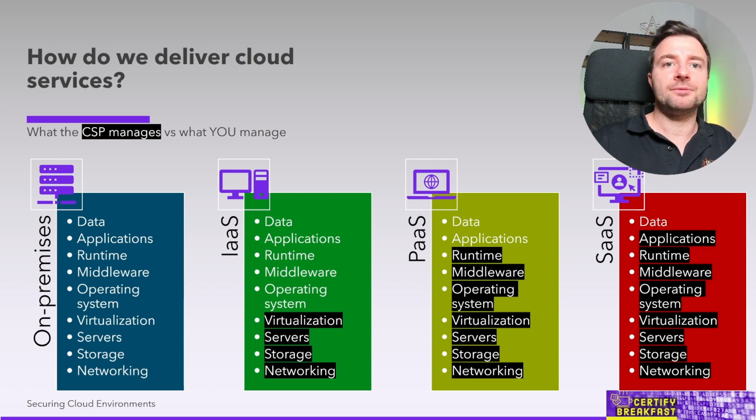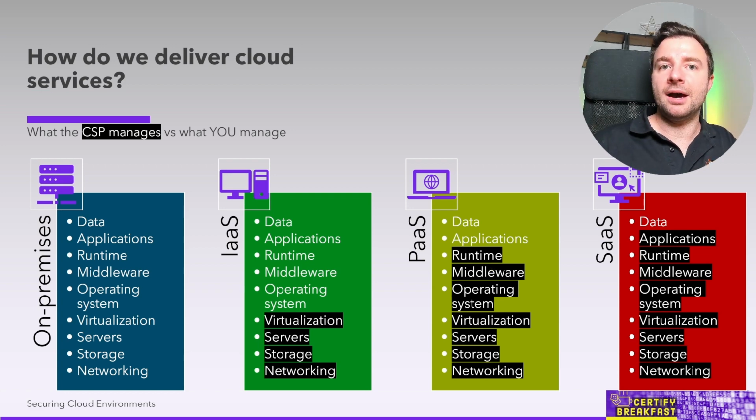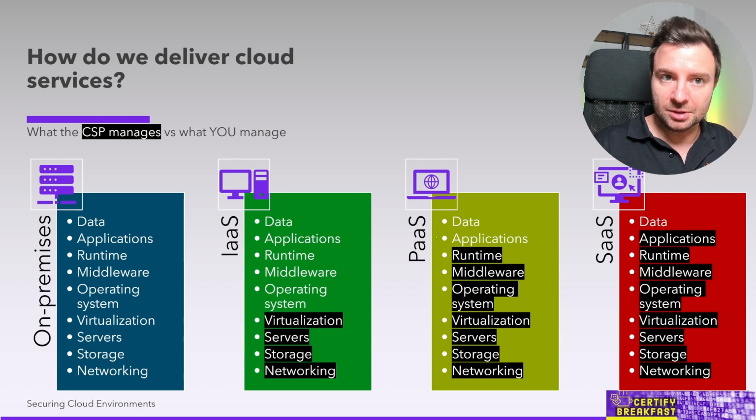But the entire environment is now managed by the cloud provider. So the runtime, the middleware, the operating systems, these are now the cloud provider's concern. You are only concerned with bringing your application code, and of course any security flaws and security issues that you might have with your application code are still going to be your concern, and of course the data that your application is going to be using.